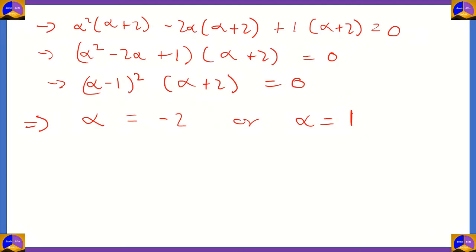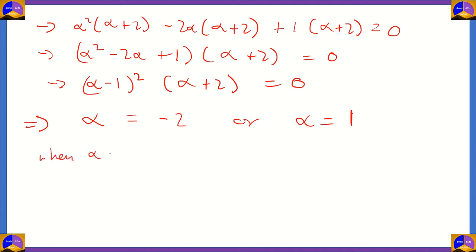But here the condition is the system of equations should not have any solutions. But determinant of A equals 0 only means that it can have no solutions or that it can have infinite solutions. So we should apply the second condition, that is adjoint of A times B is not equal to 0.